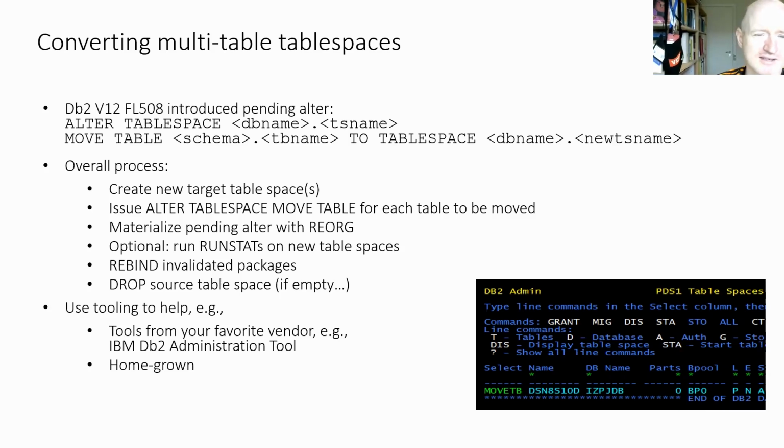This is a pending change, so you have to materialize it with a reorg. Then optionally, you may want to run stats. I'll have some more details on that. And then business as usual, you want to rebind invalidated packages. And then obviously, if the source table space is now empty, you may want to drop it so you don't have an empty table space around.